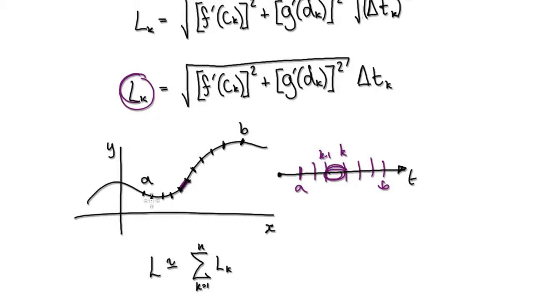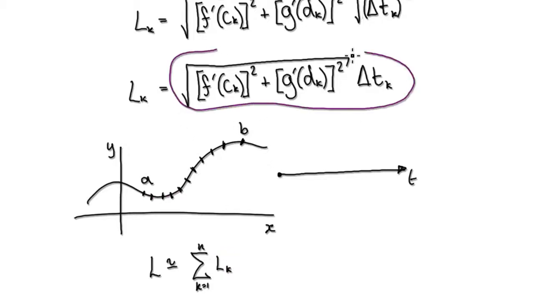So if you want to know the whole length, you would sum up. So the whole length here is approximately you summing up all the diagonal lengths. Summing up all the diagonal lengths will never be the same as the arc length, so that's why it's still approximately. Well, the one diagonal length is given by this.